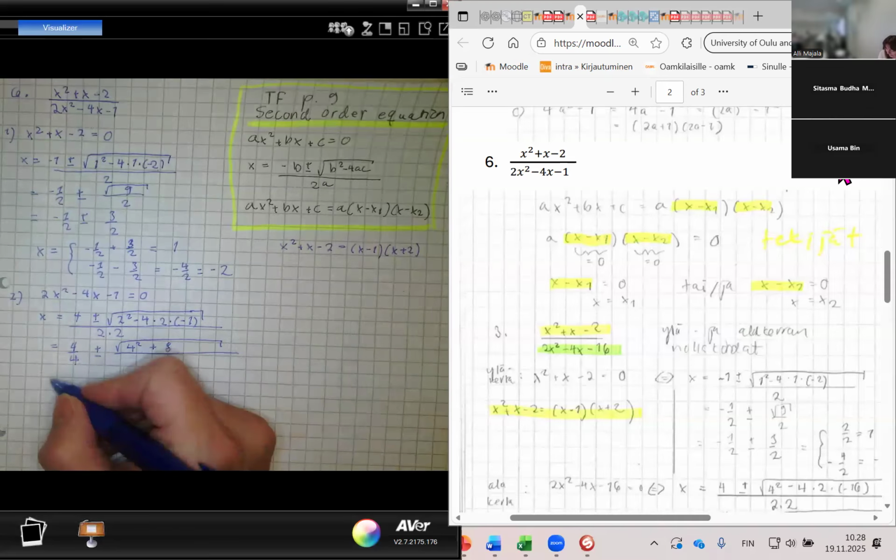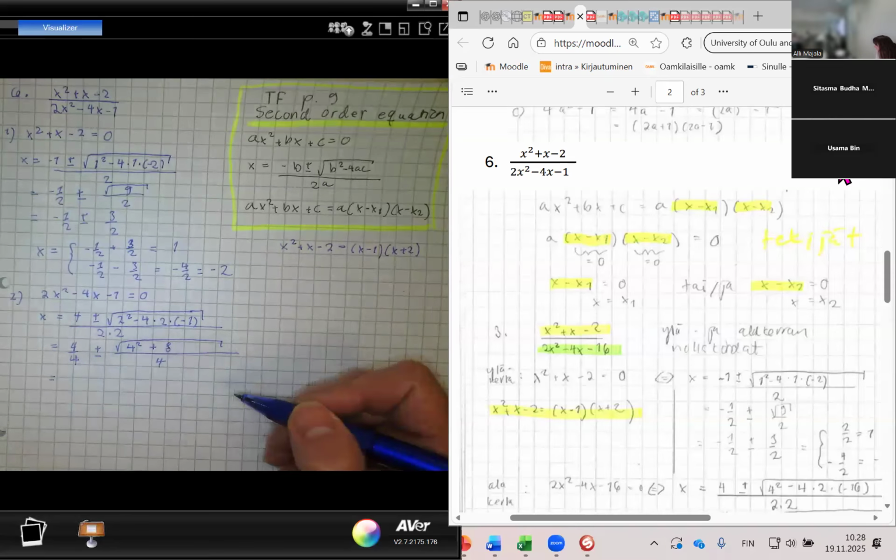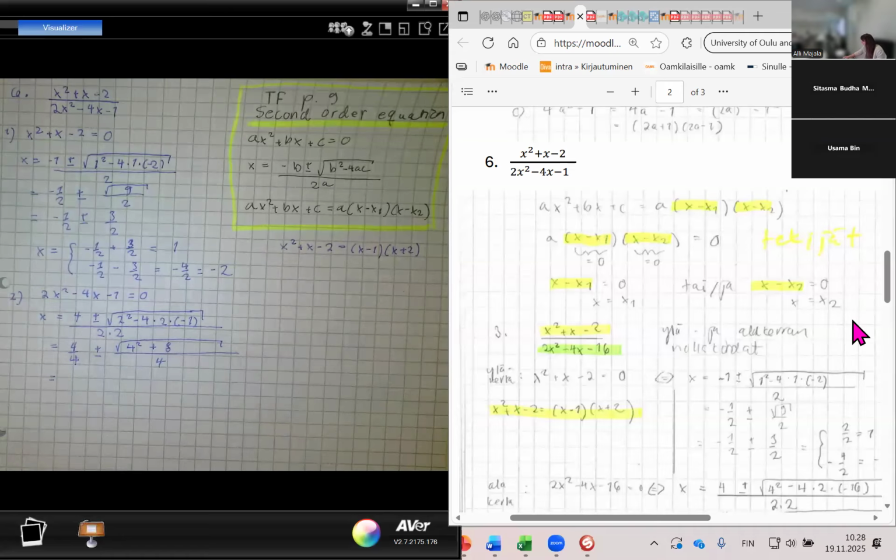So then I get, I'll check if I'm doing this correctly. This is something different. I have here 1 and here I have 16. This is not even the same. Whatever.